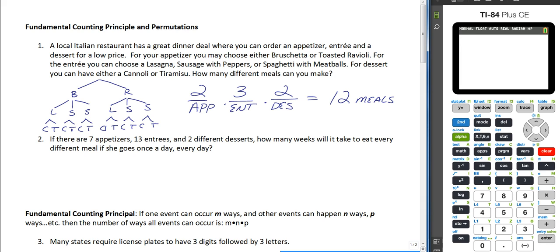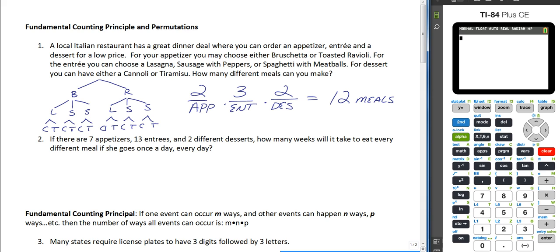Now again, you could just break it down with a tree, but that will take a while when you have a lot more options. Like the next example. So the next example, there's a different restaurant that has 7 appetizers, 13 entrees, and 2 different desserts. If you were to have every possible combination, how many weeks will it take if you ate there once a day?